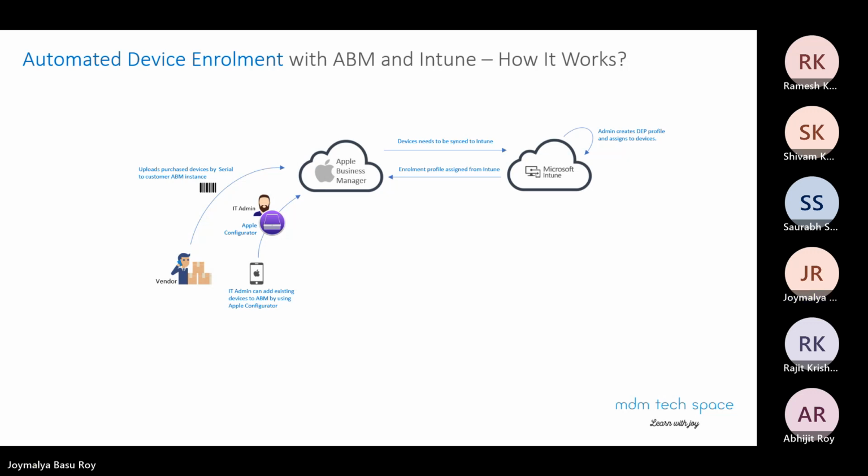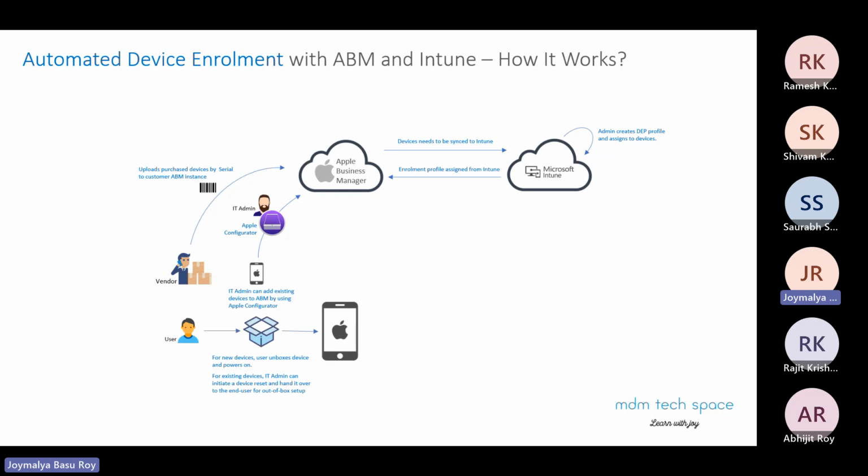Now, coming to the user part: when the user opens the box for the first time and powers on the device, or if it is an existing device, you reset the device and power it on for the first time. The device will connect with Apple Business Manager. It will know that it is a corporate device, and the remote management profile will be pushed by ABM during the device initial setup.